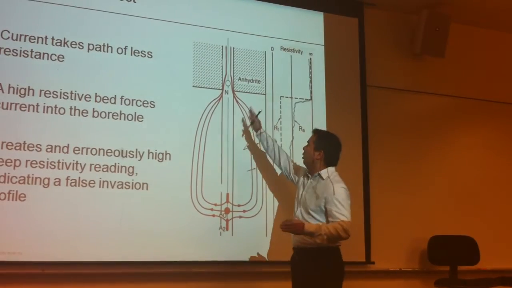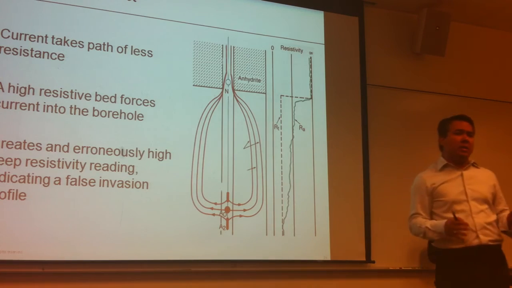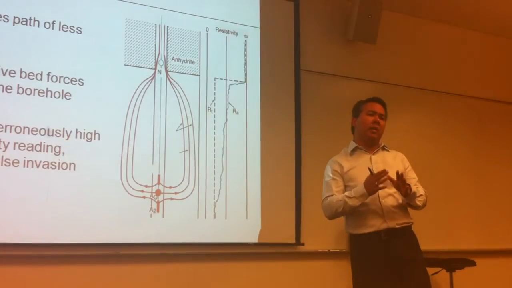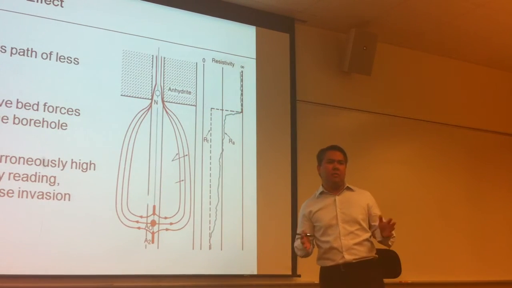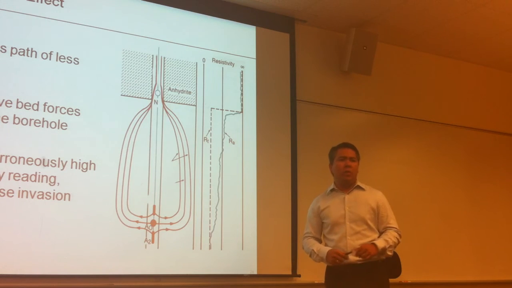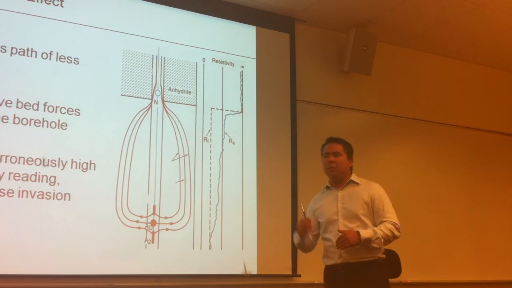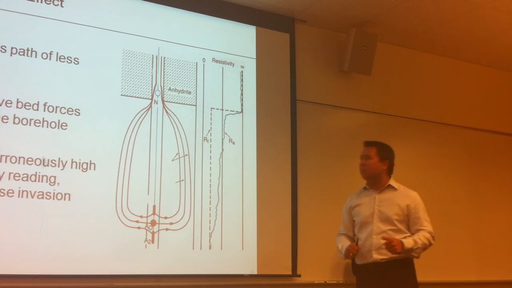That's going to be the borehole. So in the log, our RT measurement is going to be higher than what it actually is, and we're going to have a false invasion profile. We cannot correct for that. We just measure it and make sure that we don't have that effect, and our measurement is good.